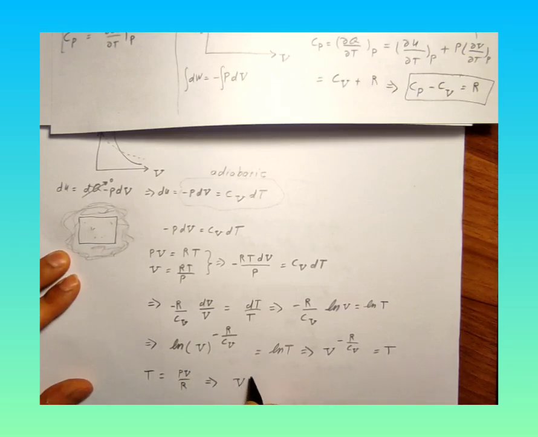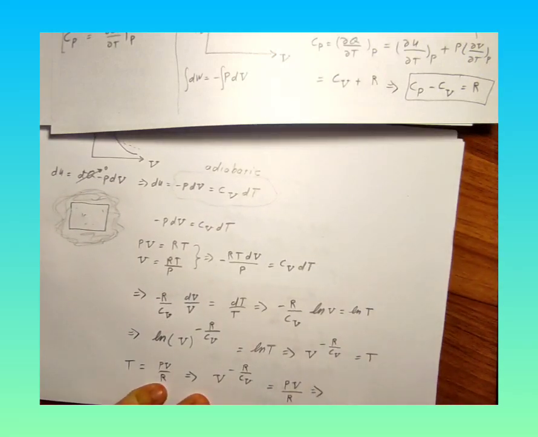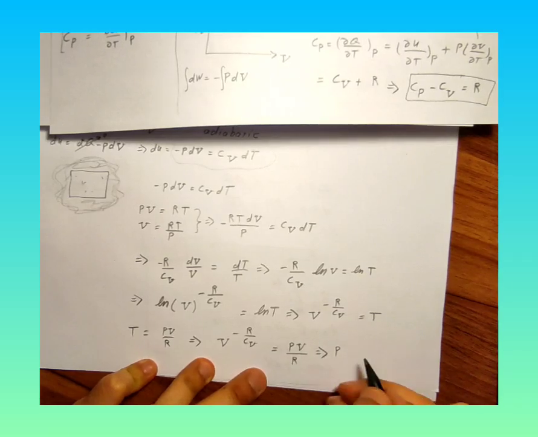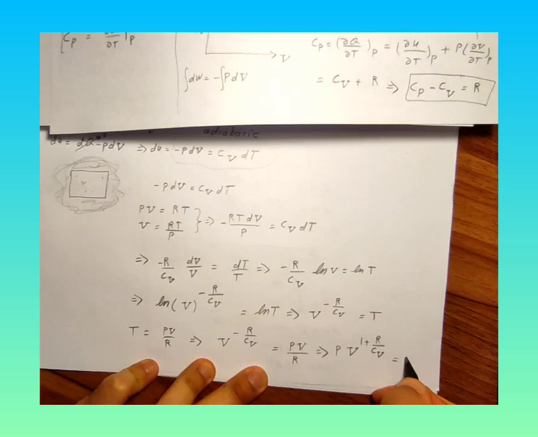So V to the power of minus R over Cv is equal to PV divided by R, and I can write it in this way: P to the power of 1 multiplied by V to the power of 1 plus R on Cv is a constant.